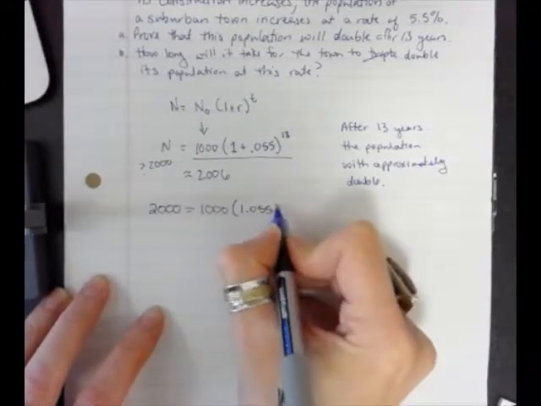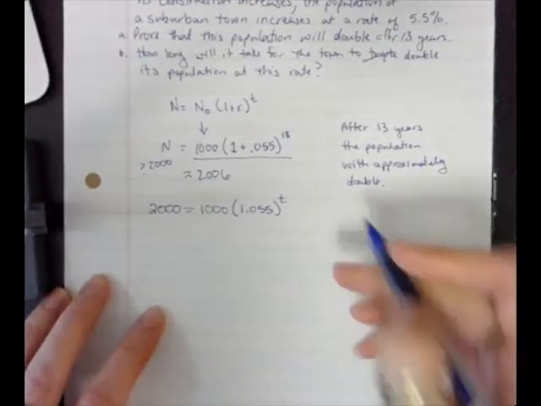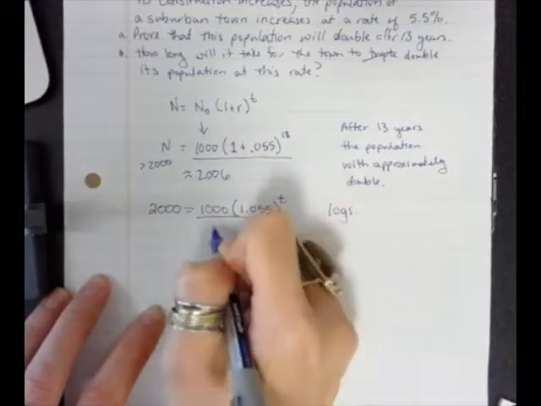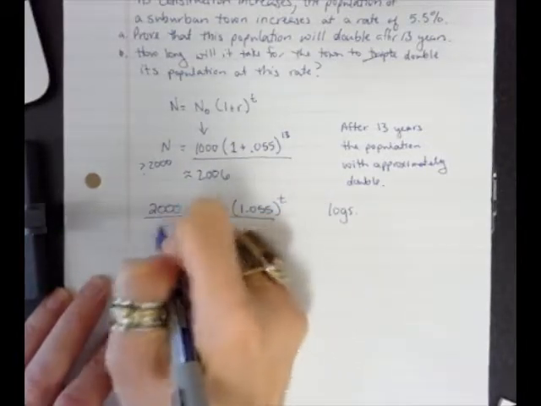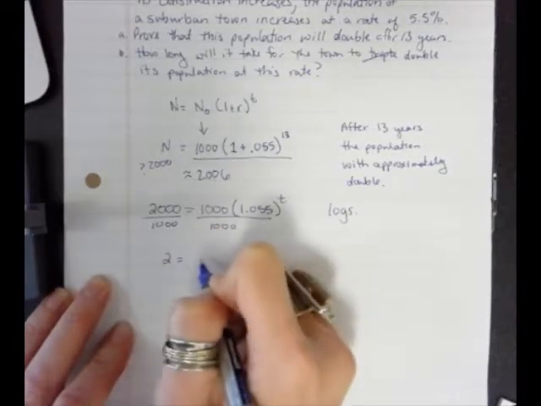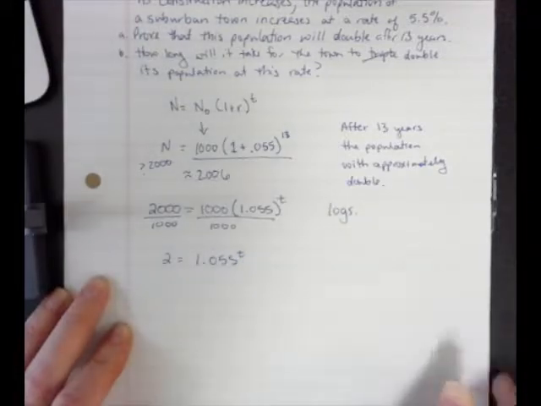And now this is to the t. So now is where we use our logs. If I divide everything through by 1,000, I can start writing this equation in log form. Okay, so let's be reminded how we do that.